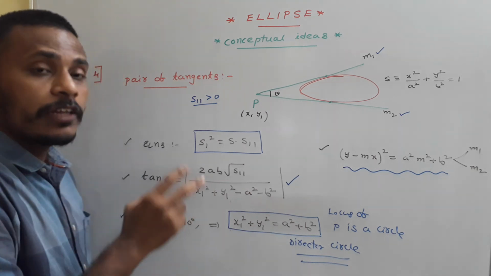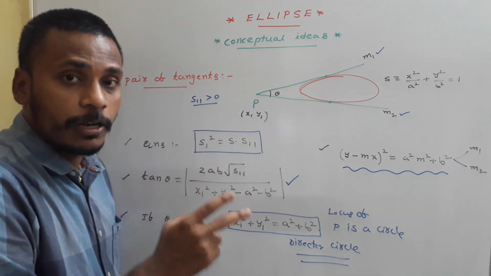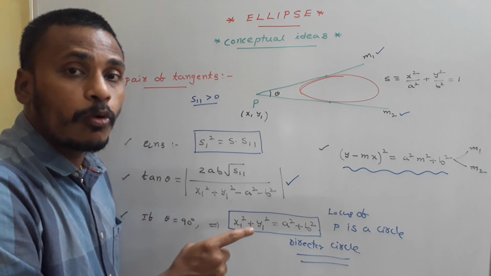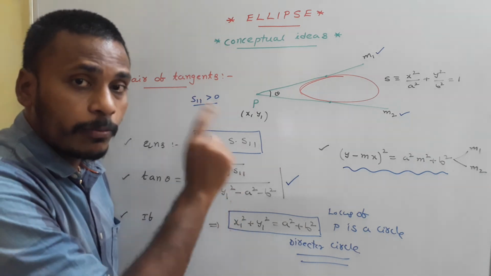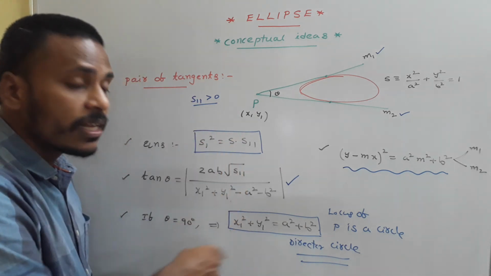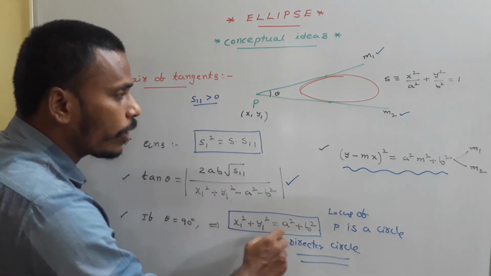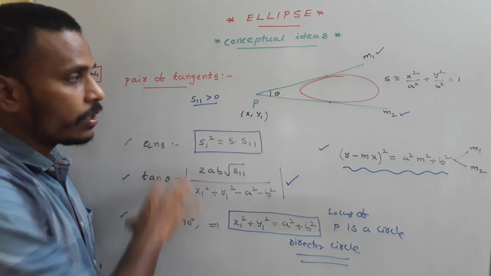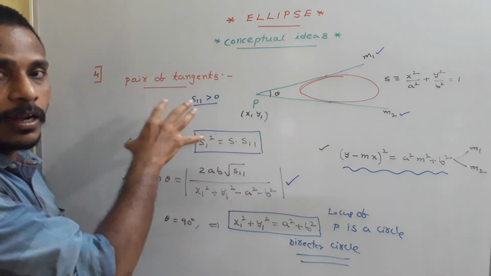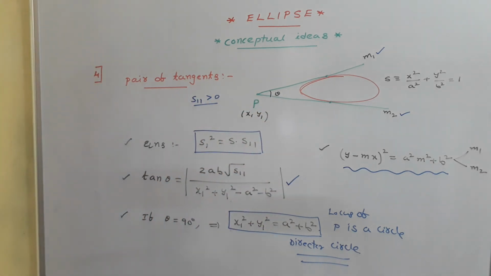Whereas for the ellipse, if two tangents are perpendicular from an external point, that external point is on the director circle. For the parabola it is the directrix, whereas here we call it the director circle, whose equation is x square plus y square is equal to a square plus b square. These points we need to memorize related to pair of tangents.